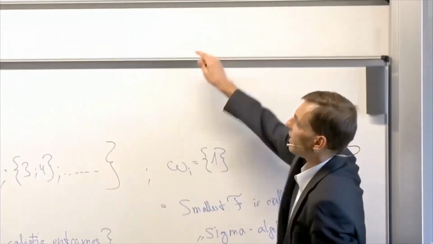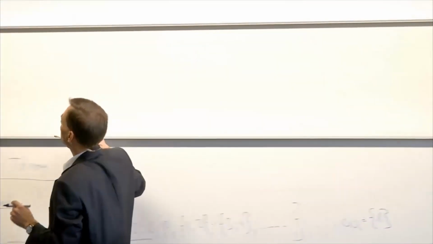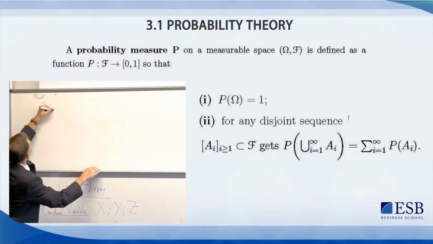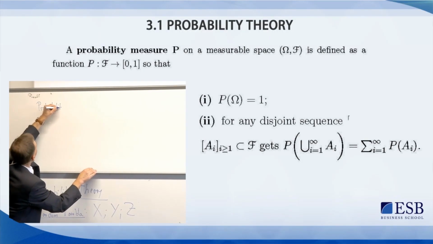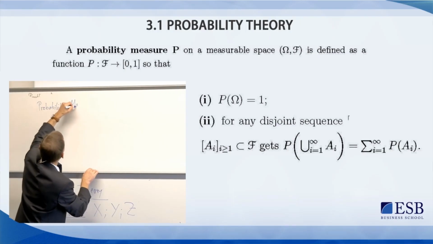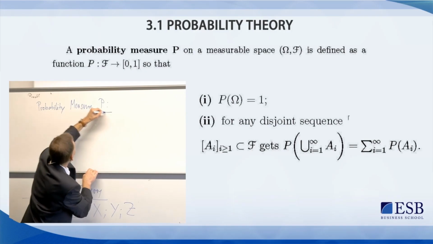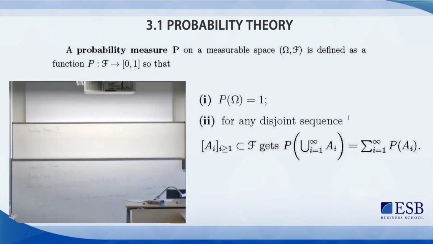Now let's talk about what a probability measure is. A probability measure, usually we use the letter P, in the end gives you a probability, a likelihood.